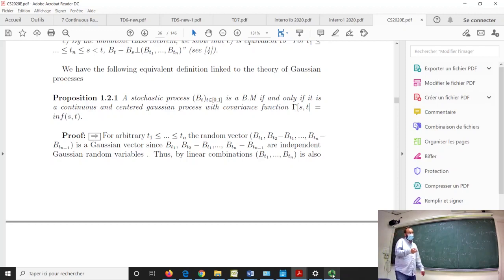So if I have a look on this definition, I have almost everything. I am a centered Gaussian process with covariance function equal to what I want. But the only thing that remains to prove is the continuity. It's a little bit technical, so I won't do it. But believe in me that I have something that is continuous. Okay?